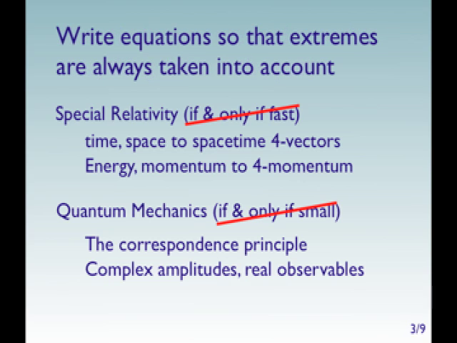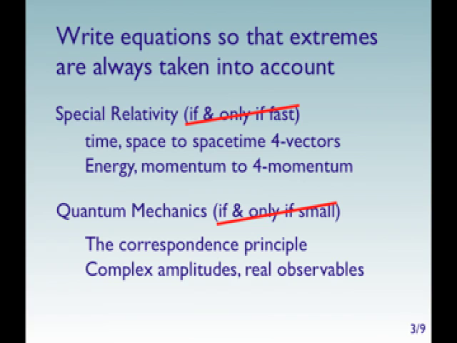Well, what I want to do is write equations so that those extremes are always taken into account. I don't have to wonder if stuff is moving fast or if this is small. I just want it to work, okay? To have one accounting system that will be true.